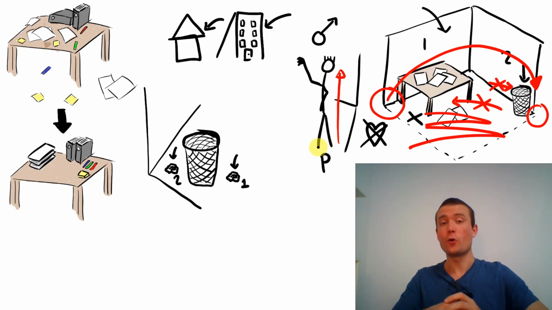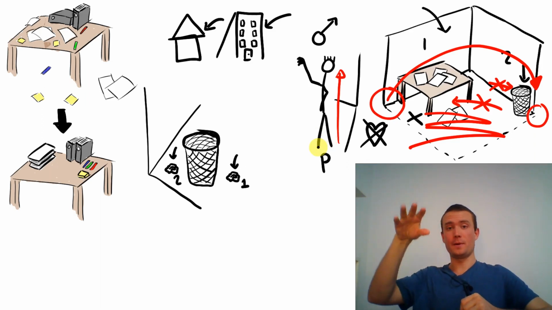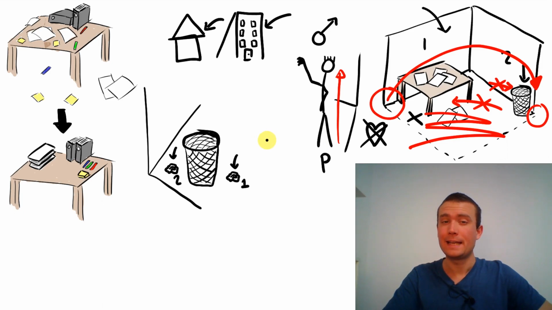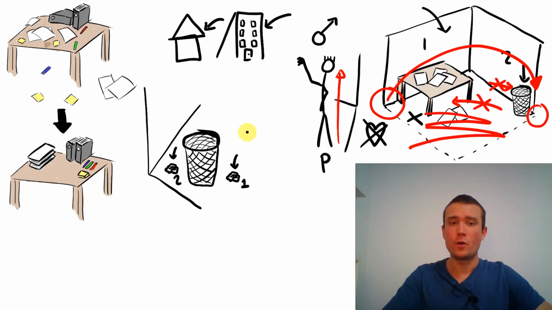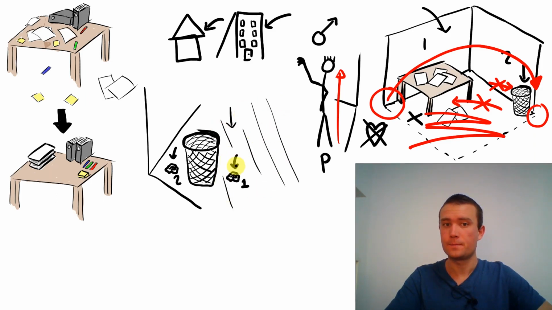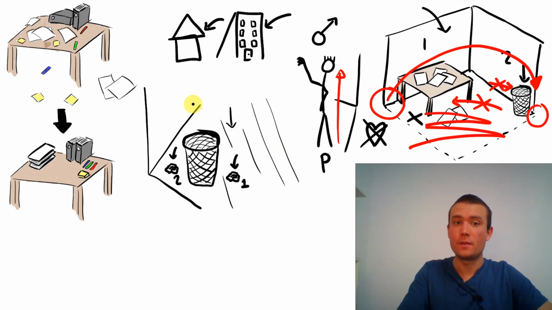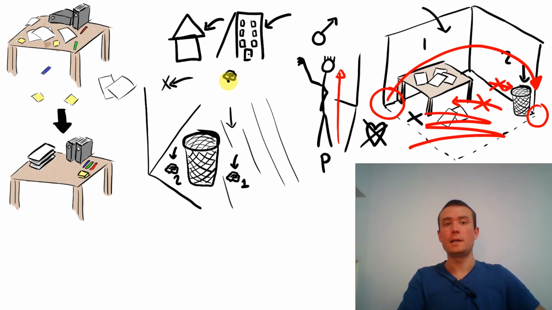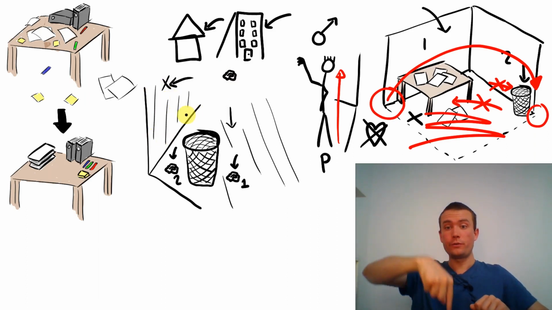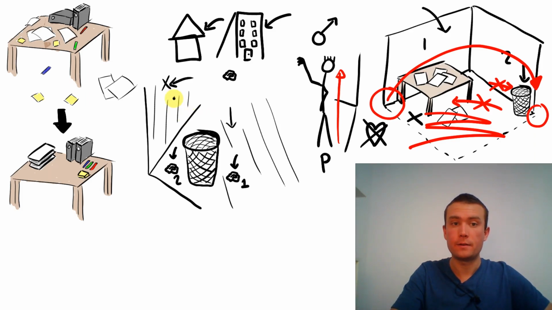Philip throws another piece of paper. This one doesn't land on the floor, it hits the wall. The piece of paper hits the wall. And it falls down to the ground.